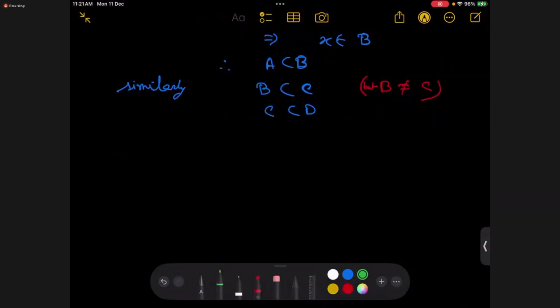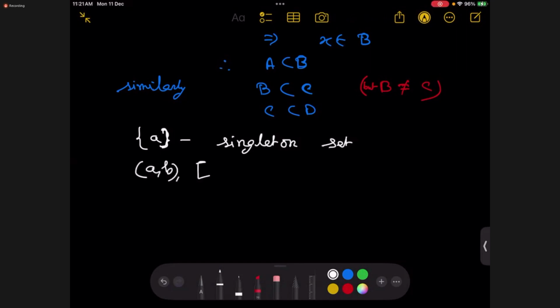In a singleton set, we write an element in curly brackets. This is a singleton set. And (a,b), [a,b], these are all called intervals.